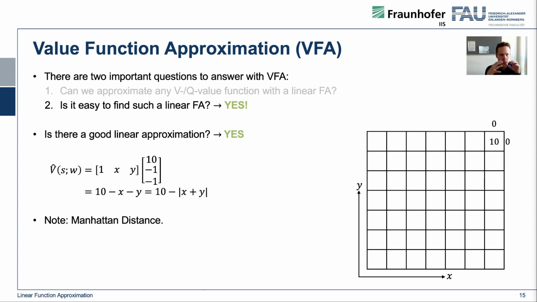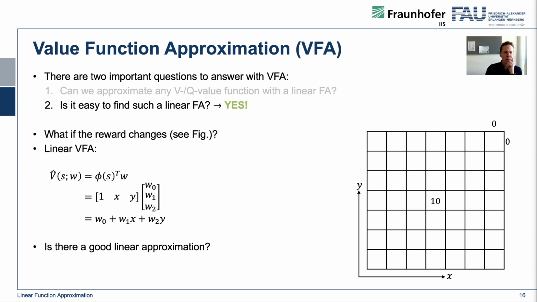So given that parameter vector, we have represented our value function through just 3 values, instead of 49 cells. We only have 3 parameters that we need to store.